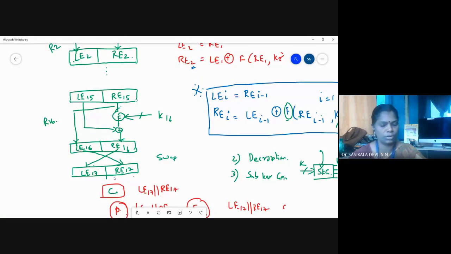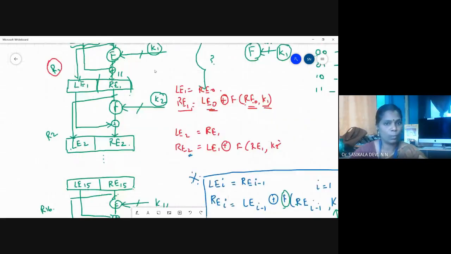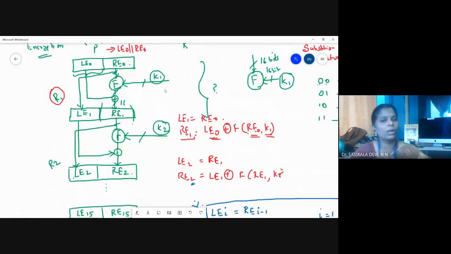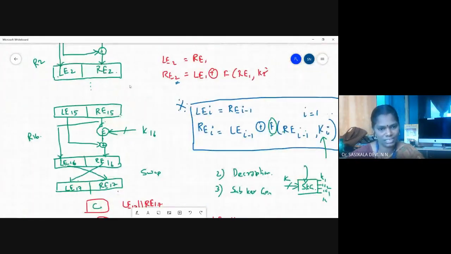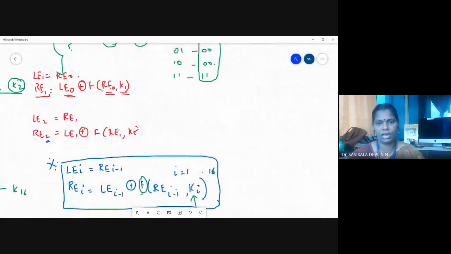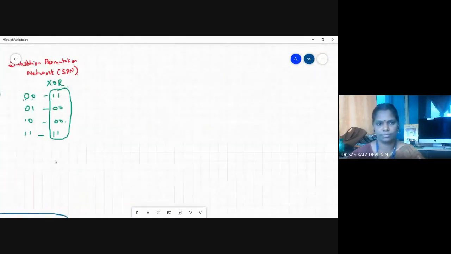And one more thing: the sub-keys are to be used in reverse order. Here, the round 1 sub-key is K1. For decryption, the round 1 key will be K16. These are the two major changes in the decryption process. So let's start the decryption process with LE70 and RE70.